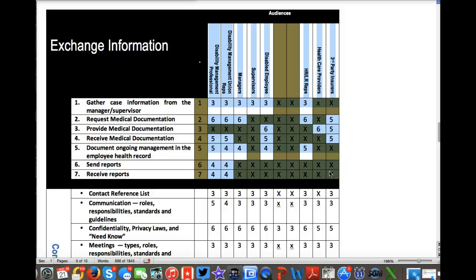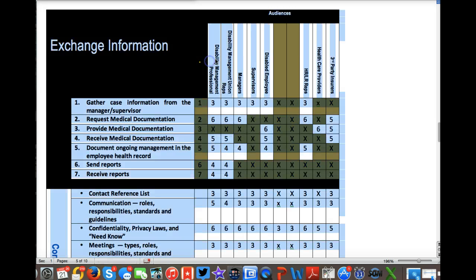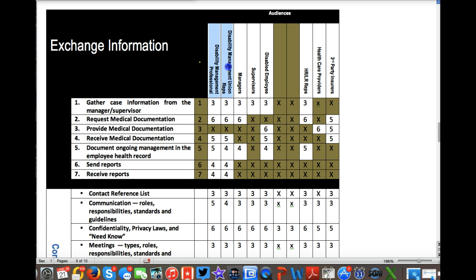How many different types of courses do we need to have? That is, can we train everybody in the same course, or do we need to create different versions of that course? Here you can see, for example, that they're pretty equal here for these two, the disability management professional and the union rep, that they could be in the same class.